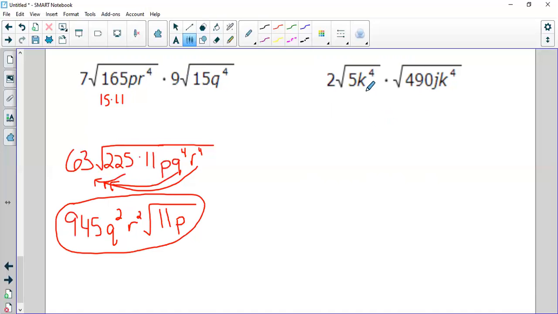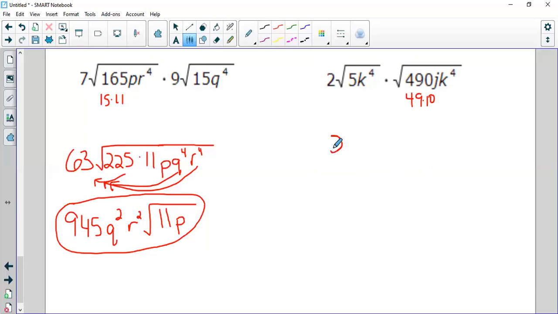All right, last but not least, let's see. 5k to the fourth. 5 doesn't break down. I'm not going to bother with this k to the fourth because, like I said, the exponent should come pretty easy. 490, big number, but that's 49 times 10. And 49 is that perfect square. So before I multiply these, I'm going to take that 49 out.